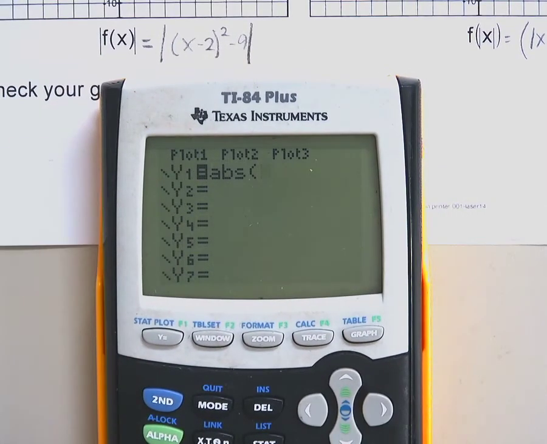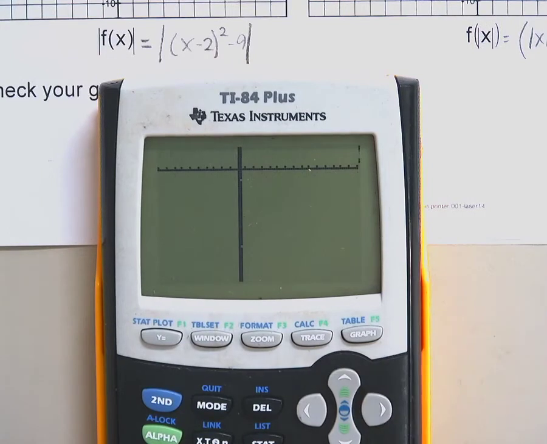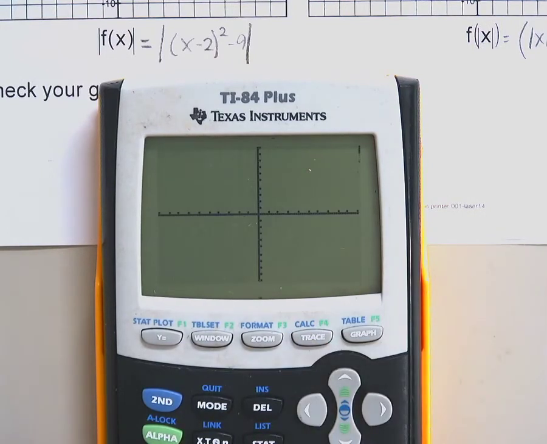So press enter, and it's going to be x minus 2 squared minus 9. So type it in just like you see it. Parentheses x minus 2, parentheses squared, and minus 9. You have to close the parentheses for the absolute value. Alright? And then, zoom 6.